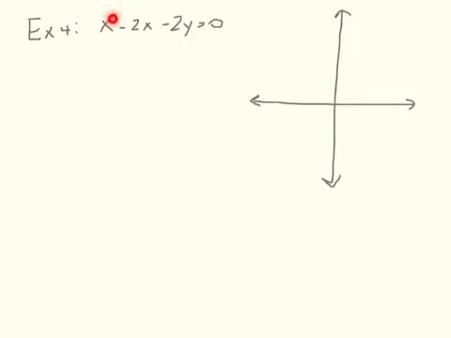And so we practice completing the square, so we're going to start with getting all of our x terms alone. So we've got x squared minus 2x. We're going to leave a space and add 2y over to the other side. So to complete the square, we're going to add 1, because 1 is half of 2. And we square that. And then we need to factor, so x minus 1 squared equals 2y plus 1.